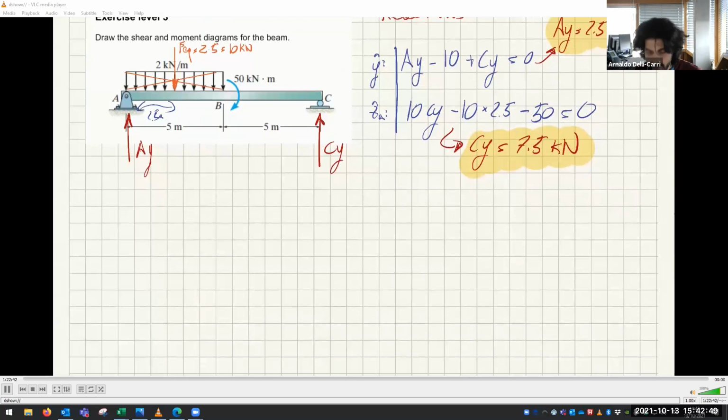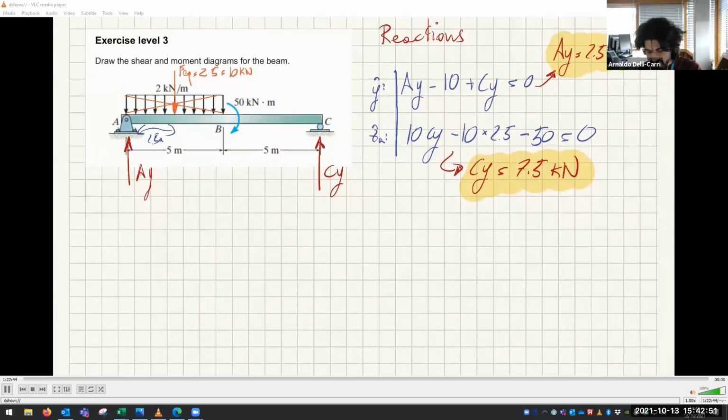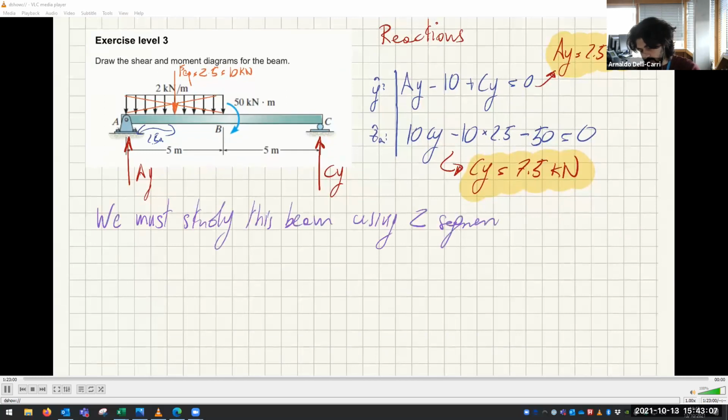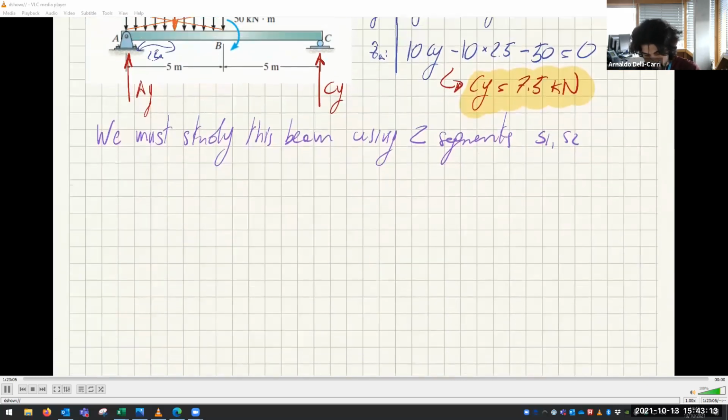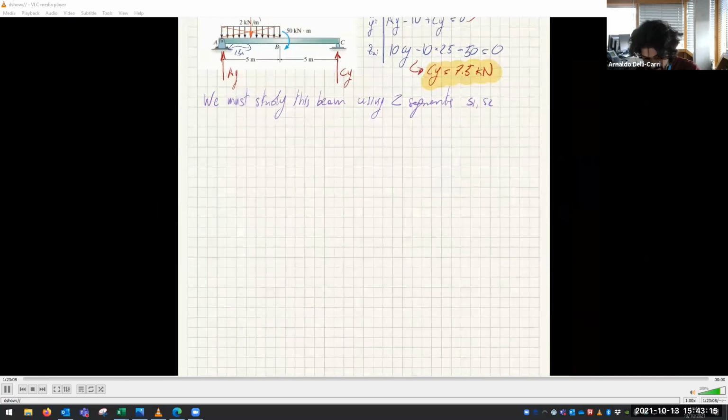Okay, so how many segments do we need now? We must study this beam in how many segments? Using 2 segments, S1, S2. So I'm going to divide this sheet in half.